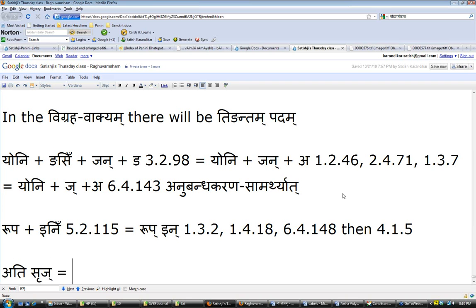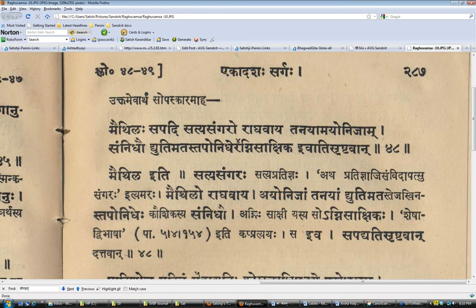There's no sutram for this. You have to read a lot to get these meanings. Okay. So ati srij is to da, is to give. You should make equations like this and keep them for reference. Atisrishtavan dattavan.